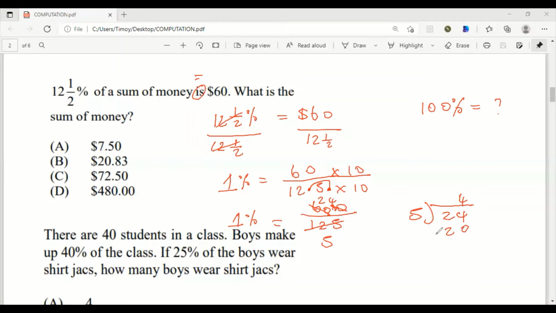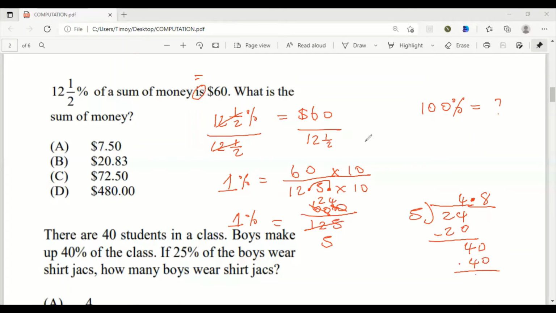When we subtract 24 minus 20, that leaves us with 4. How many groups of 5 can we get out of 4? We can't, so we put a point and place a 0. How many groups of 5 can we get out of 40? That would be 8. And 8 times 5 would be 40. And when we subtract, we have nothing left, right?